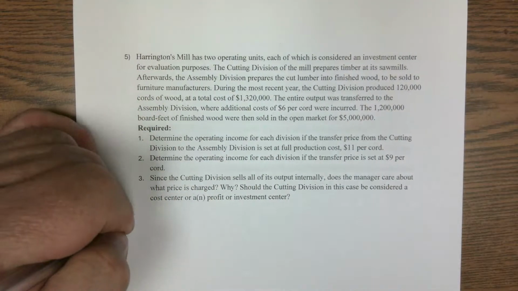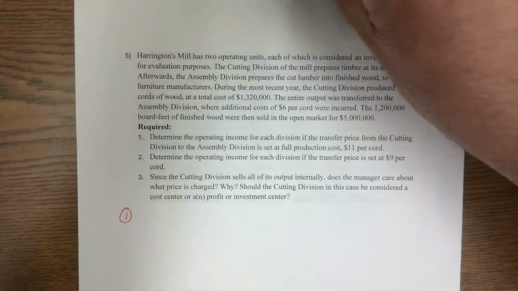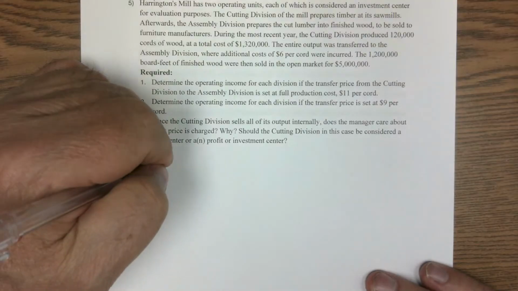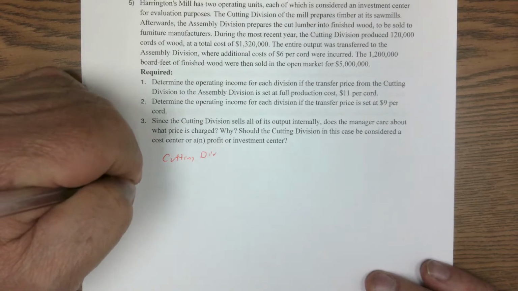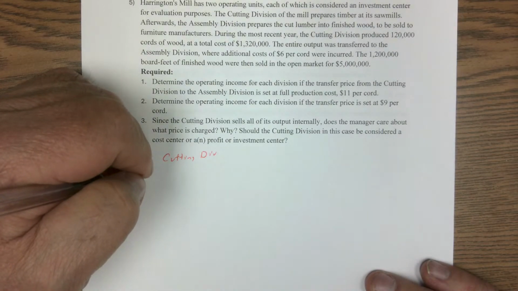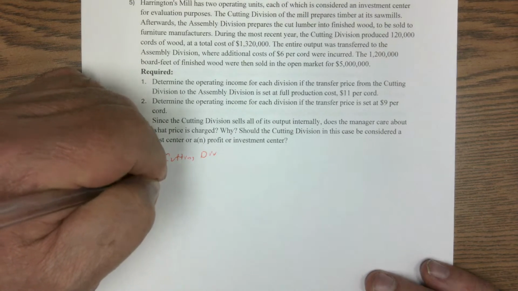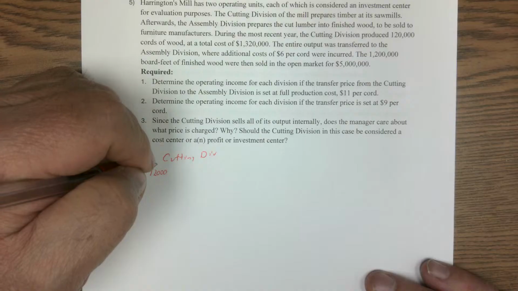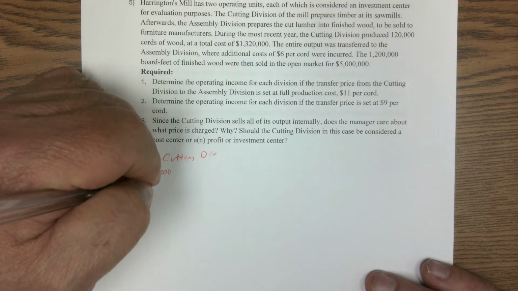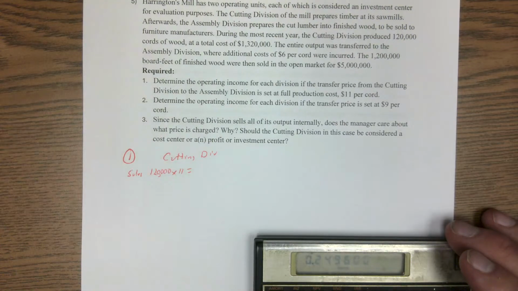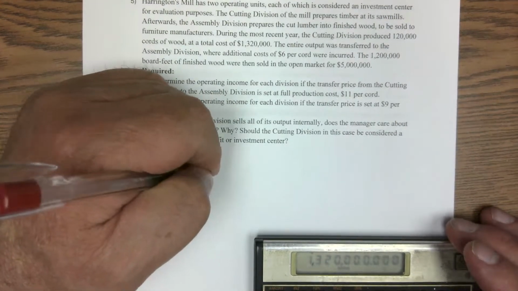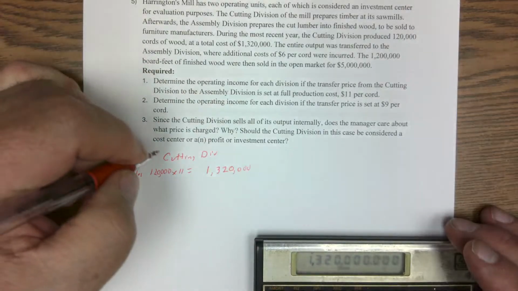So number one here, we have the cutting division, and so their sales is going to be 1,200,000, or sorry, 120,000 cords of wood times $11 per cord equals 1,320,000.